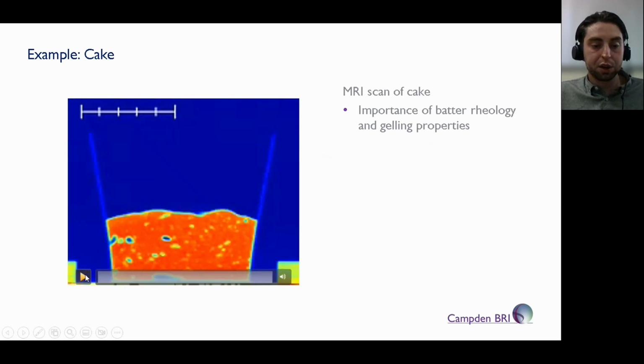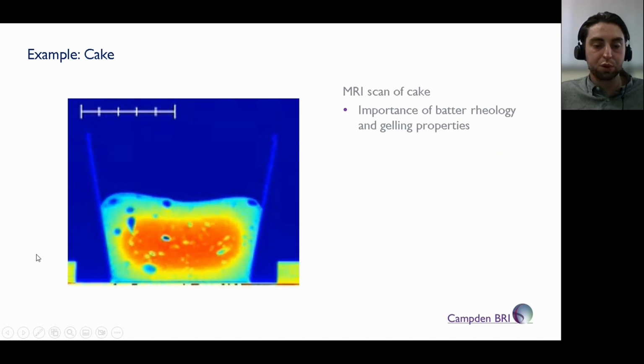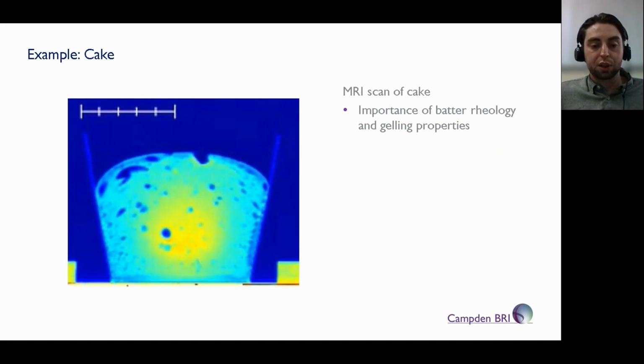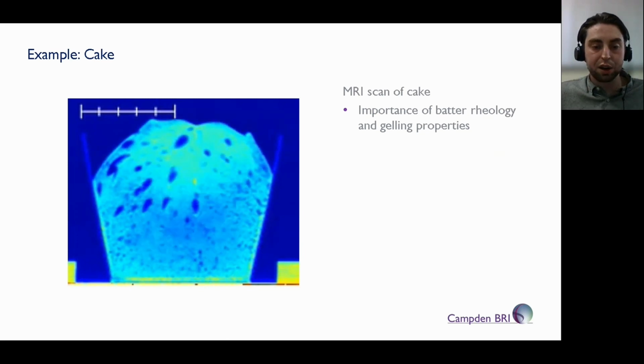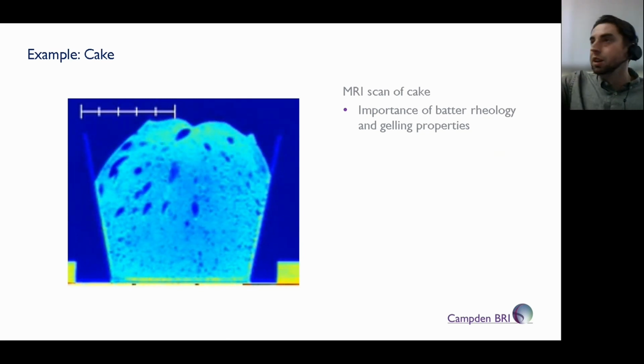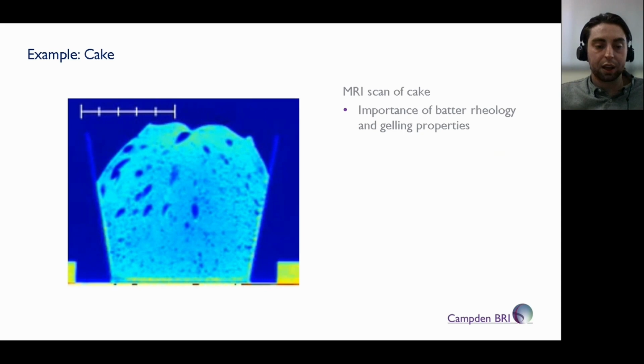Another thing I can quickly show you here is some work we've done at Camden BRI, where we've hired a medical MRI scanner, which was quite strange to see in the car park, and used a custom-made oven that could go inside the big tube, and we could measure the density of the cake and look at how the structure changes over time.